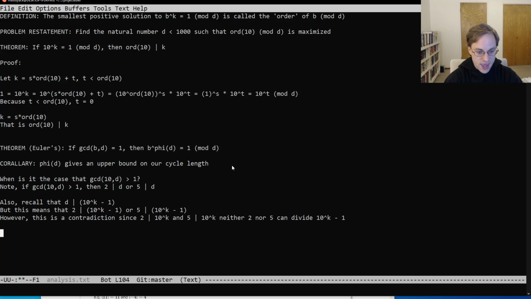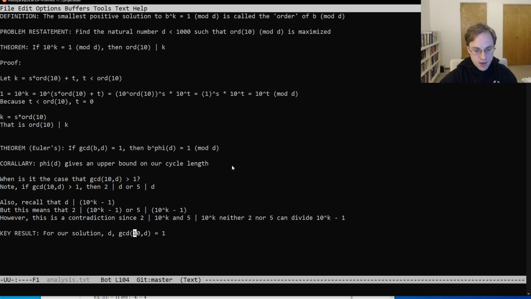And this gives us a key result, which is that for our solution D, the greatest common divisor of 10 and D must be 1.